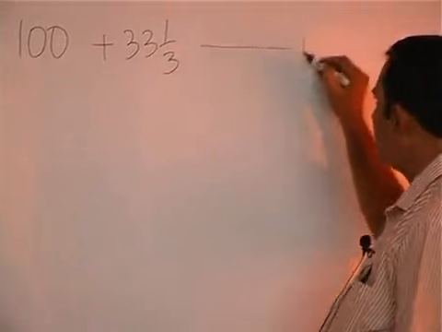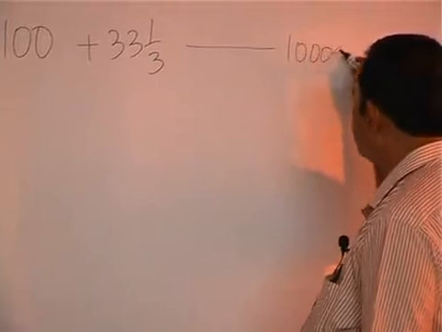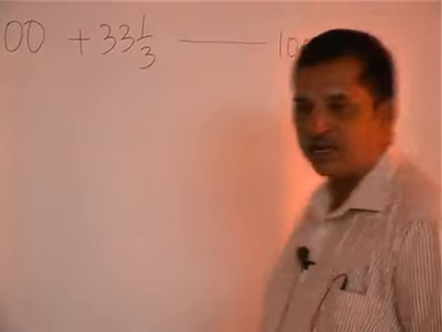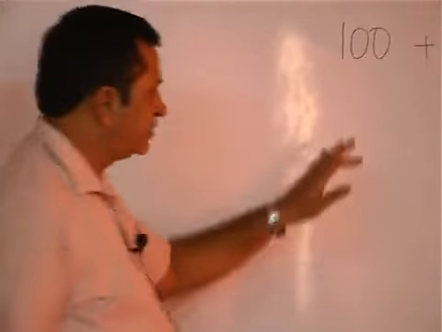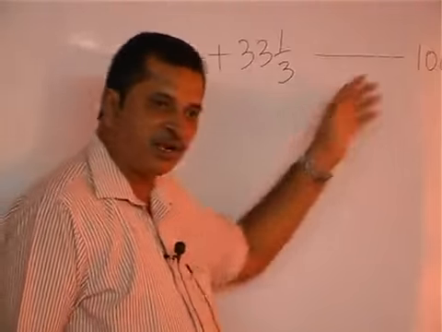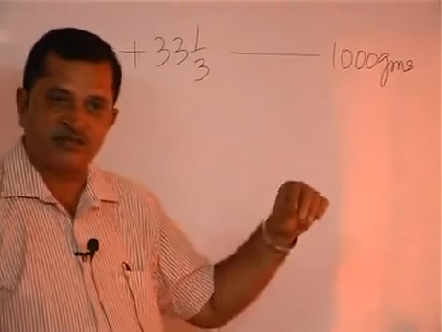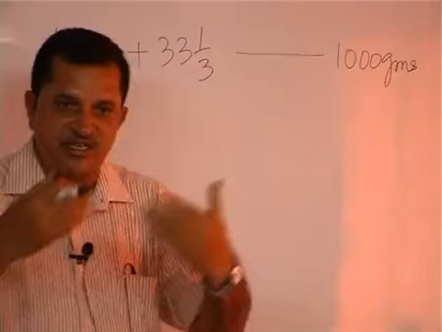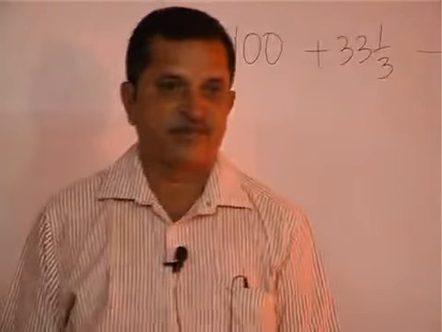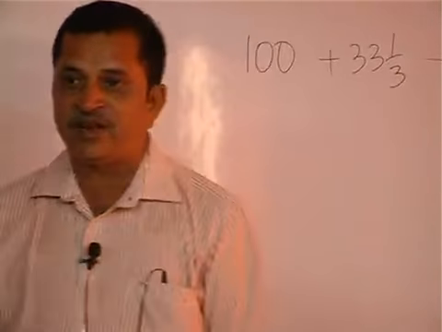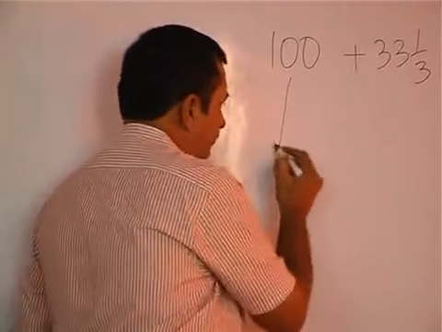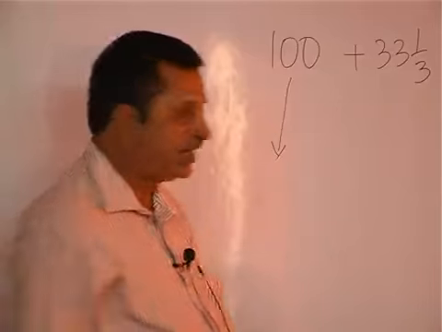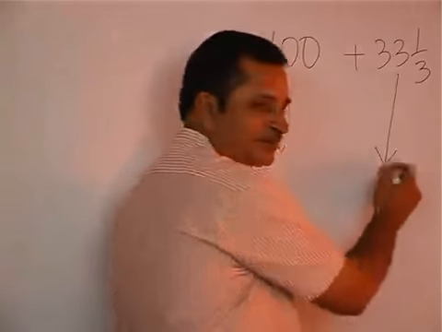Total he is managing how many grams? Is it clear? Investment and gain, total he is managing in 1000 grams. In 1000 grams he is taking something and he is giving the rest. To be very clear, 100 he is giving to us, 33 1/3 he is taking.